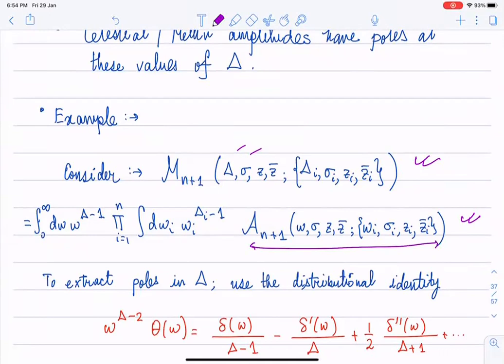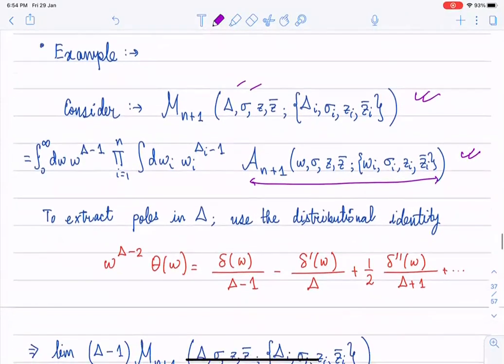Okay. So now in this integral, what you can do is use a trick: you can insert inside this integral the following identity. Now this identity is basically a distributional identity in the sense that it makes sense to use this identity within some integral. Okay.